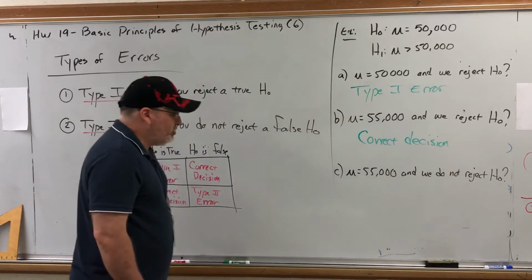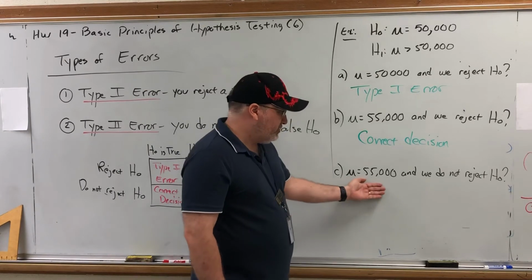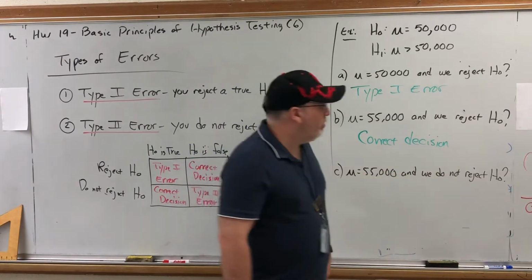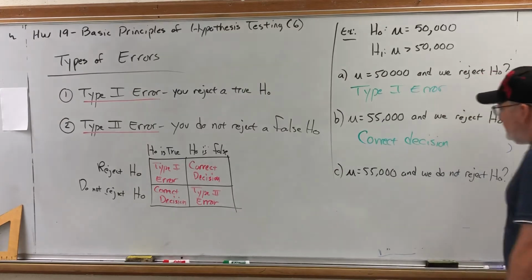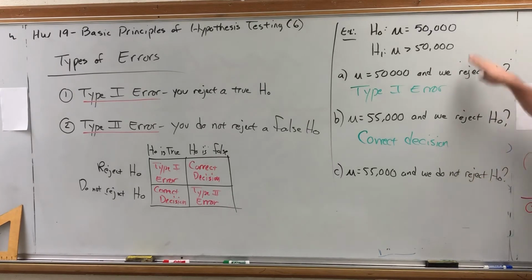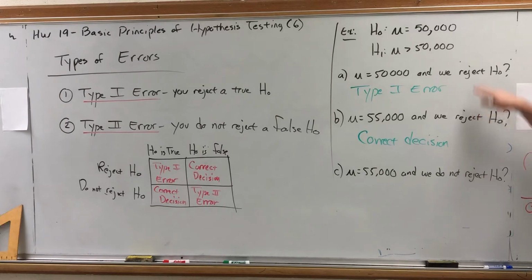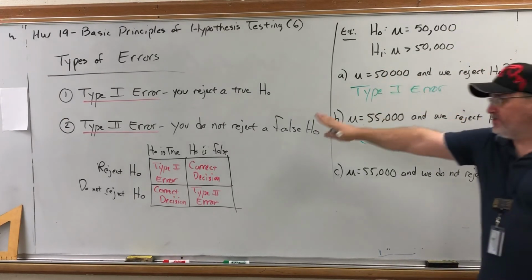But what about part C? What if the mean actually is 55,000 and we do not reject the null? Well, if the mean is 55,000, then the null hypothesis is false.